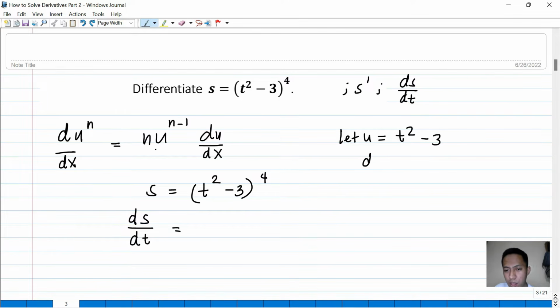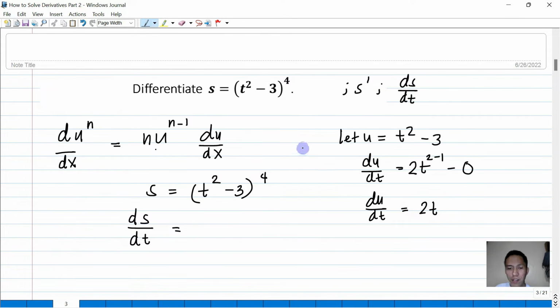So we have here the derivative of u with respect to t. That is 2t. So bring down the exponent and subtract 1 to the exponent, so basically that is 2 minus 1, and this is minus 0. The derivative of a constant is 0. So this becomes the derivative of u with respect to t as 2t raised to 1, or 2t lang.